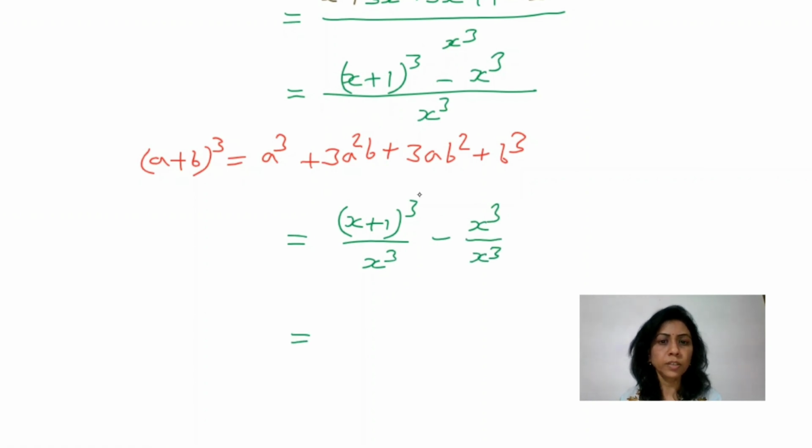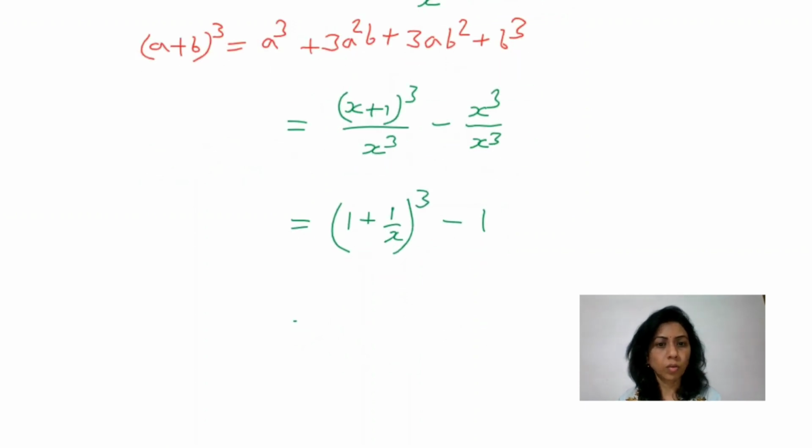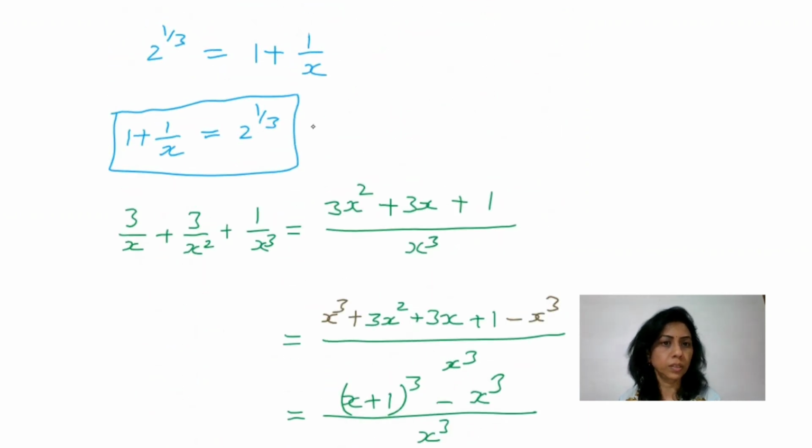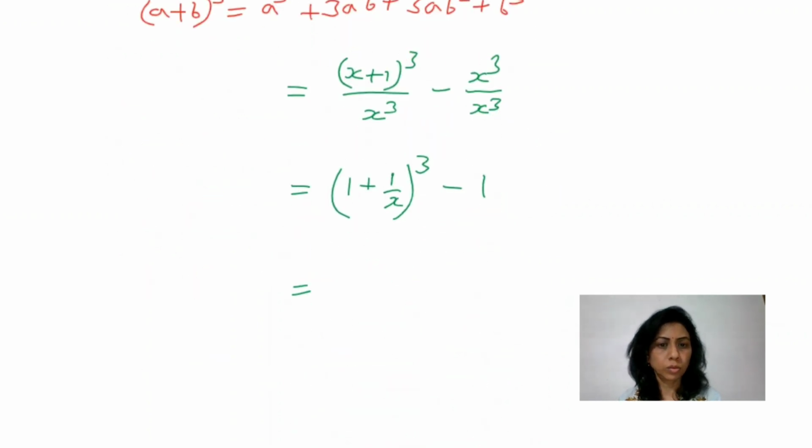Here both are cubes, so x plus 1 divided by x, which is 1 plus 1 upon x, whole cube, minus 1. 1 plus 1 upon x we already found as 2 to the power 1 upon 3. So 2 to the power 1 upon 3 whole cube minus 1.